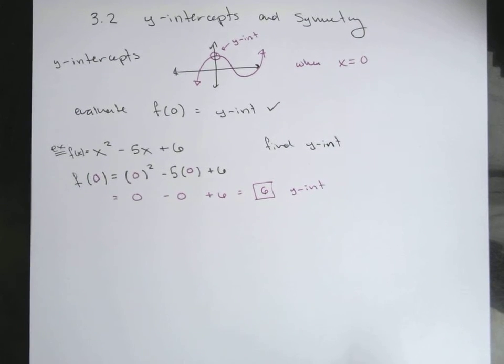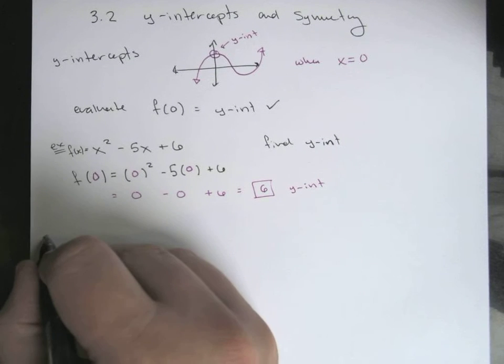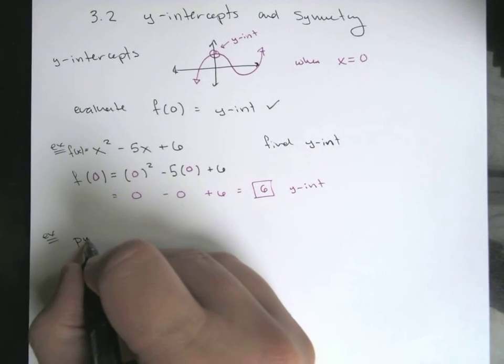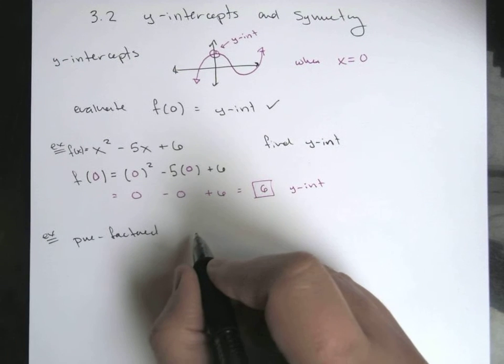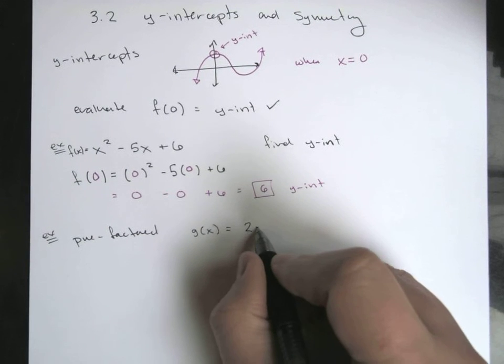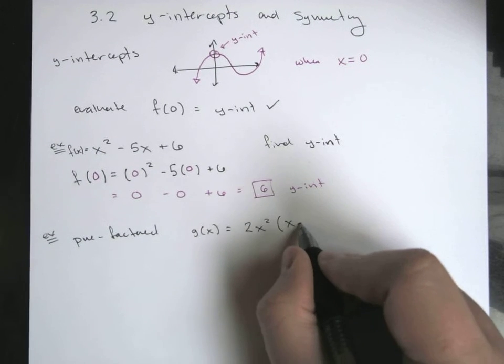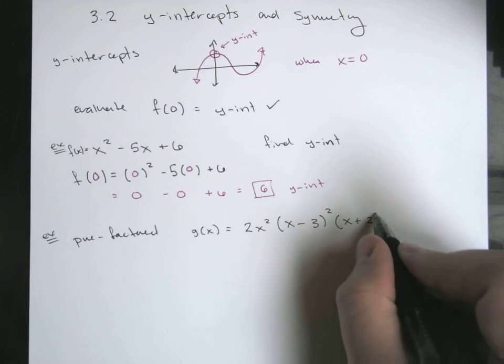If you have a different example that's prefactored, we'll maybe do two of these prefactored ones. So maybe we've got a 2x squared times an x minus 3 quantity squared times an x plus 2 or something.